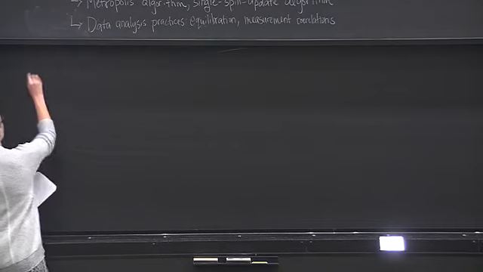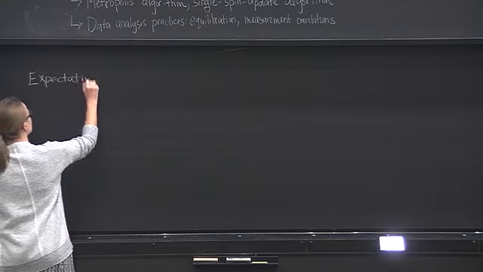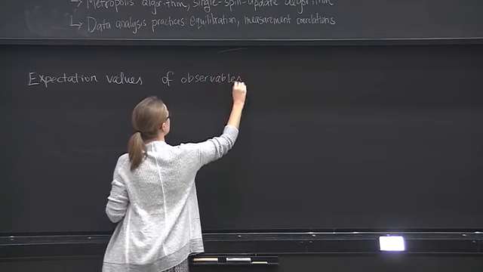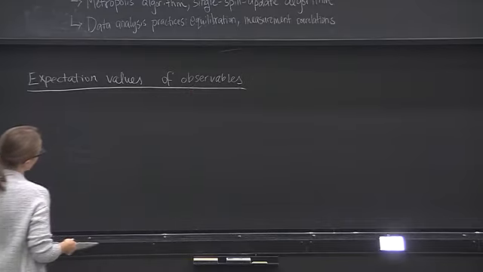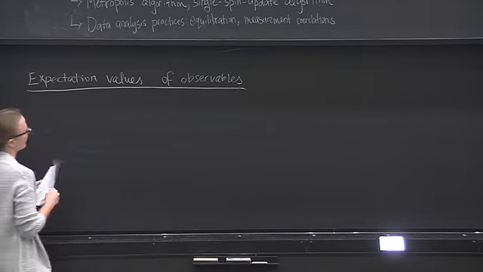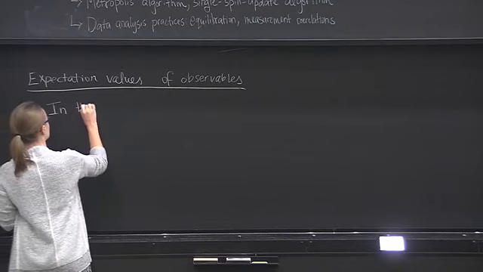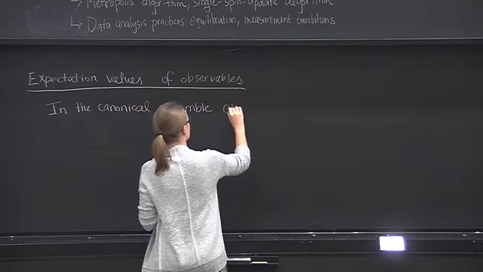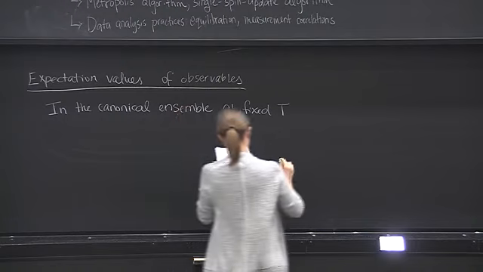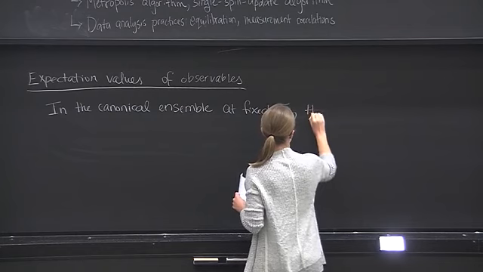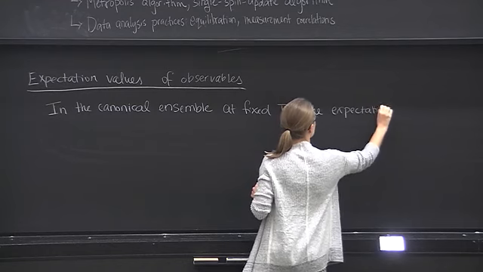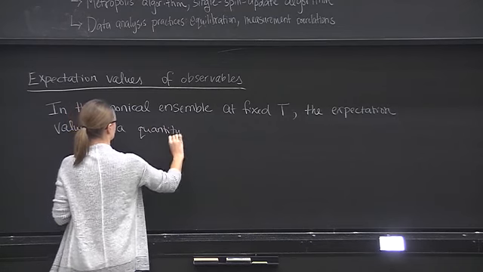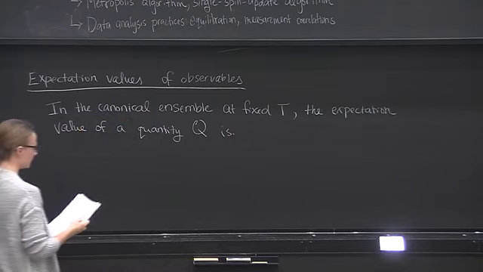Okay. So let's talk about our first point that I've written there. So in classical statistical mechanics, if I specifically think of the canonical ensemble, where I have my system at a fixed temperature, which is usually what we think of when we do these simulations, I can calculate the expectation value for many different observable quantities.